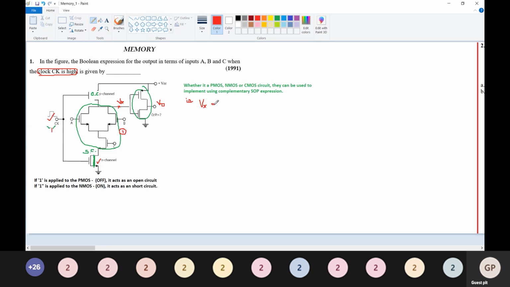Vx is equal to some SOP expression, okay, using a complementary SOP expression. So now we are going to write the SOP expression.